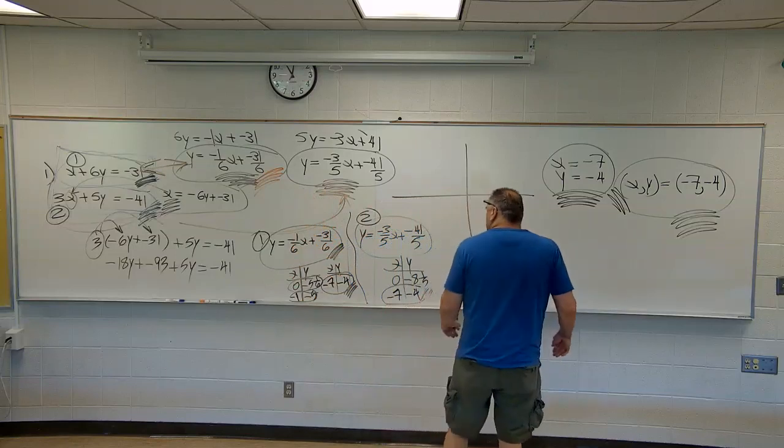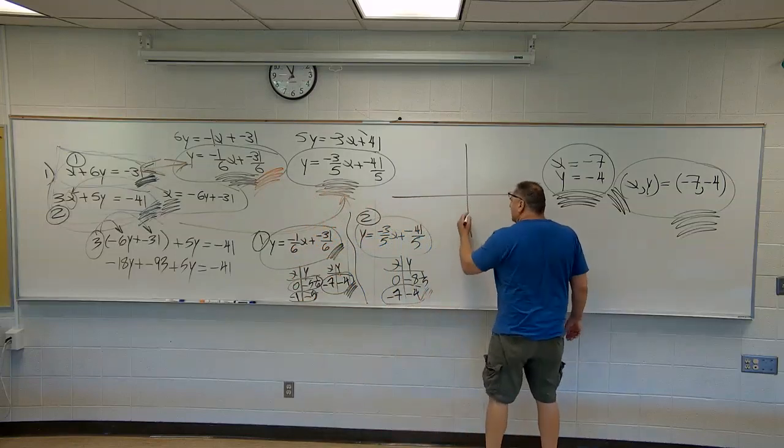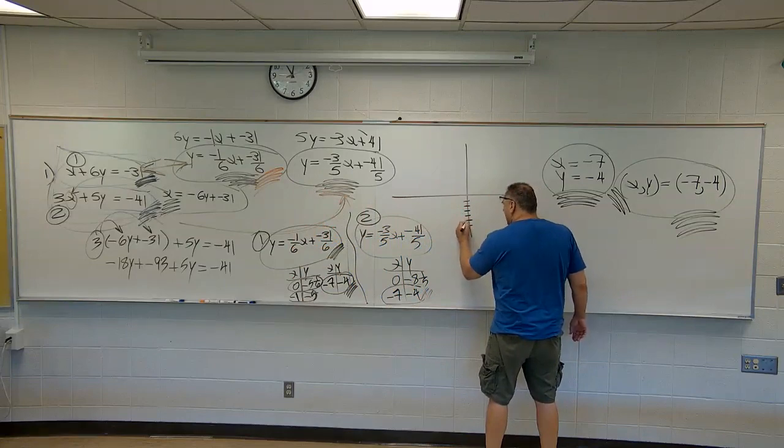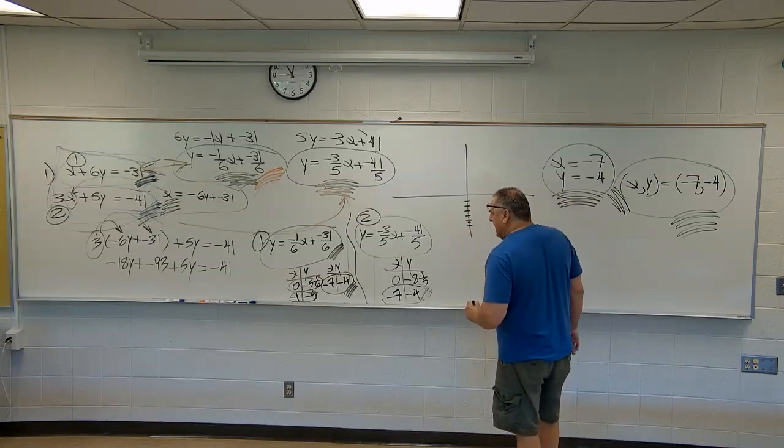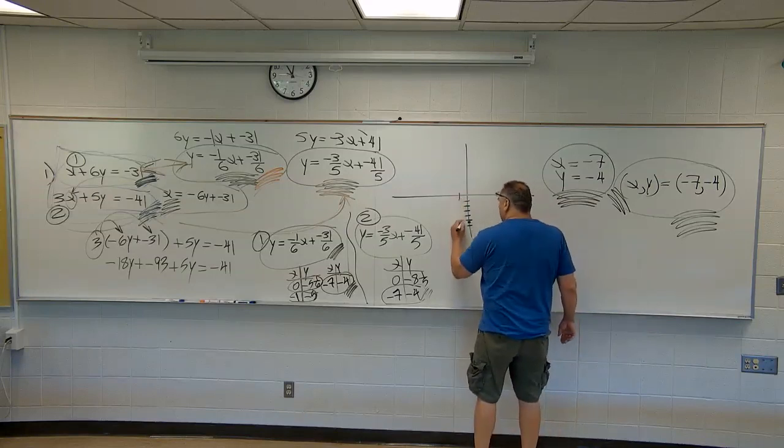We got that. 0 comma negative 5 comma 1/6. So 1, 2, 3, 4, 5. Here's 6. You go a little bit more. So 0 is right there. Negative 1 comma negative 5 is right here.